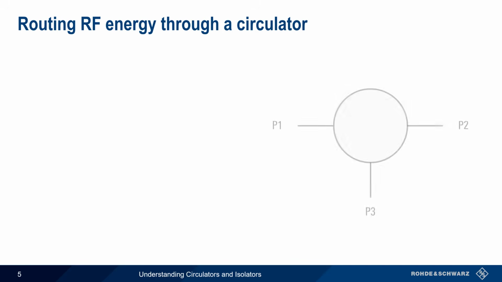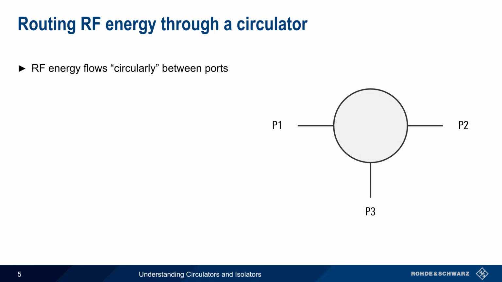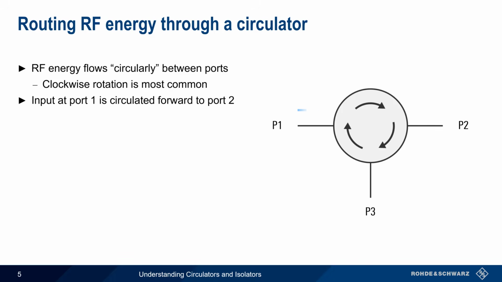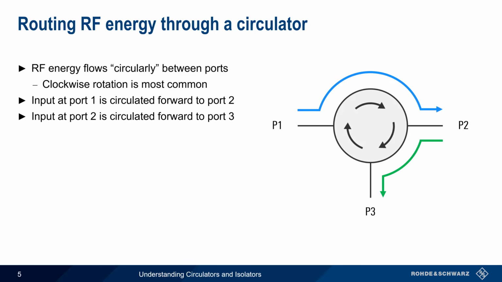Now let's examine how a 3-port circulator routes signals. As the name implies, a circulator routes RF energy circularly between ports. Most circulators depict this rotation occurring clockwise. For example, signals input into port 1 are circulated forward in a clockwise direction to port 2. Similarly, a signal at the input of port 2 would be circulated clockwise to port 3.